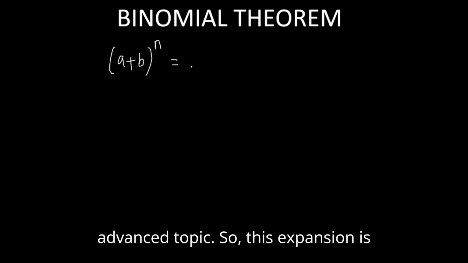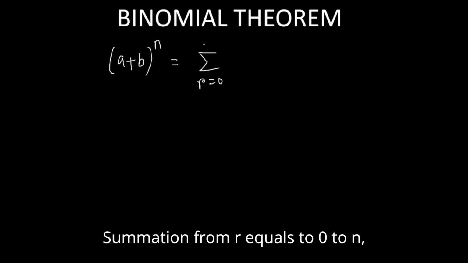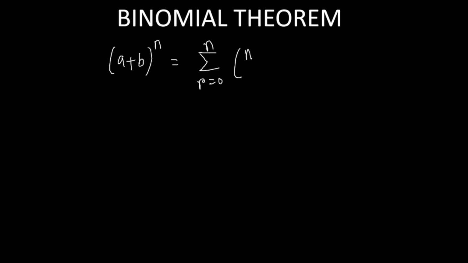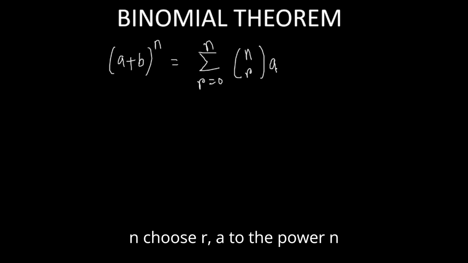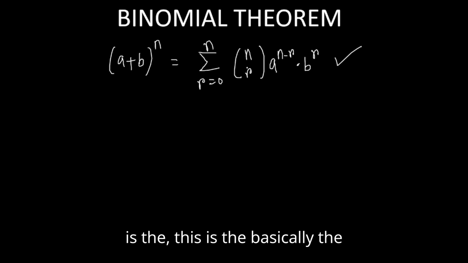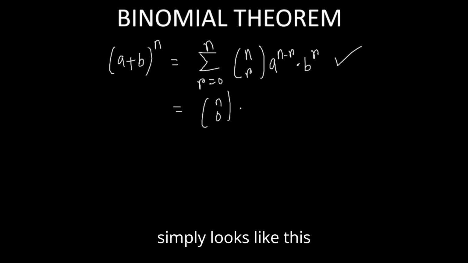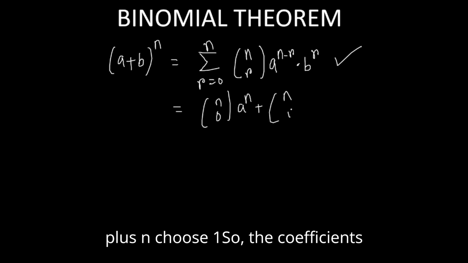So this expansion is basically given by this summation. Summation from r equals 0 to n, n choose r, a to the power n minus r into b to the power r. So this is basically the expansion of a plus b whole to the power n. If you write it down term by term, it simply looks like this: n choose 0, a to the power n, plus n choose 1.